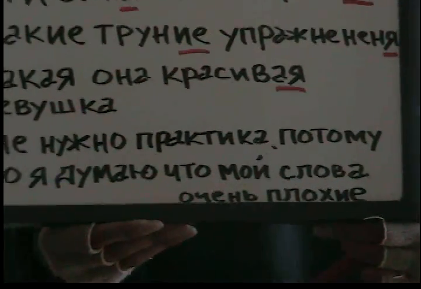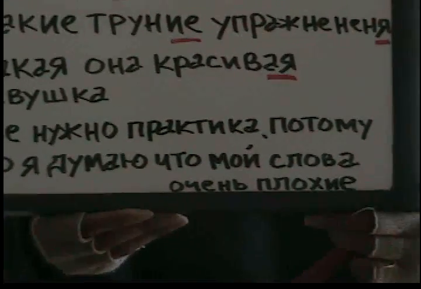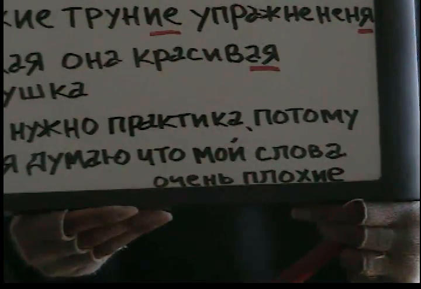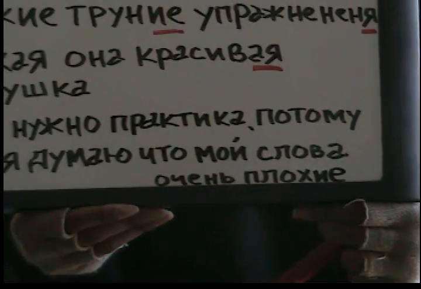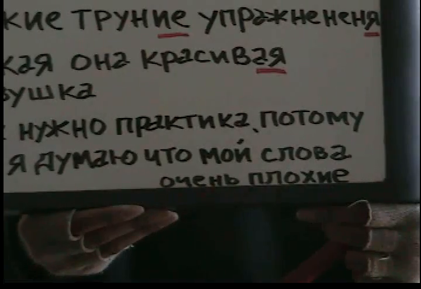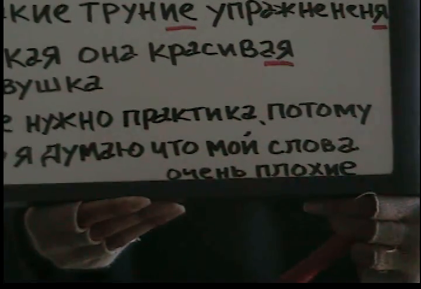So we can skip that and go to the end where you see moi slova. So moi, that's mine, it's plural because we're talking about words. So moi slova, that's a neuter word.